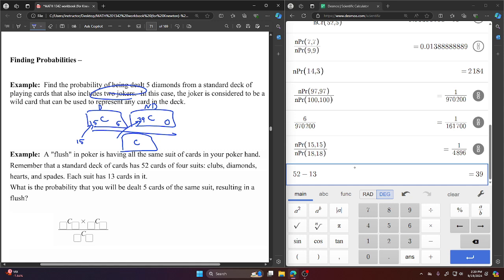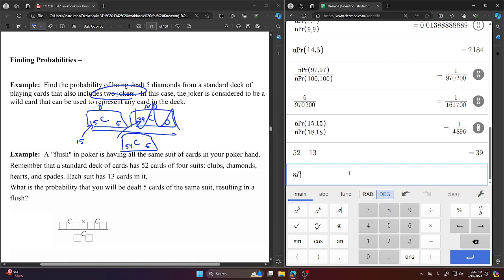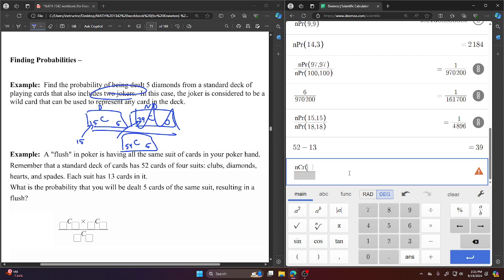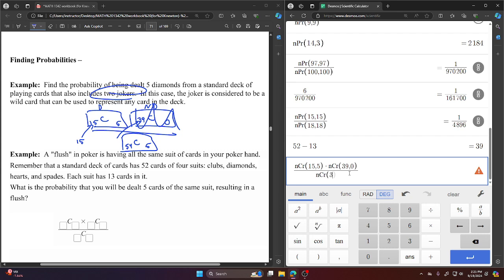Isn't that weird? Instead of my total here, 54 total cards. Hopefully this works. And I have 5 in my hand. All right, so because this is a 0, we're going to get rid of it entirely, and let's see if this works. I actually have the answer for this one. That little part over there, that 39, will not matter in the end.